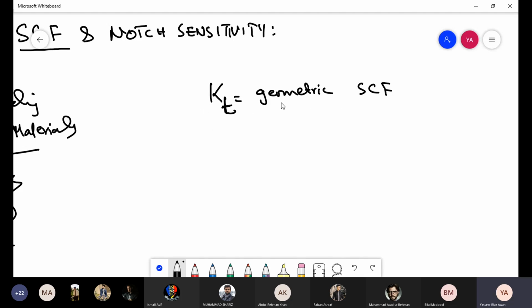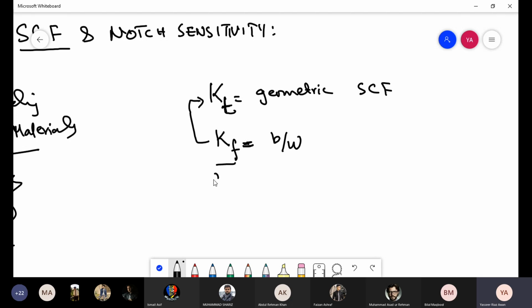KT, measured experimentally or using FEM, is used as it is for brittle material. For ductile materials, we take KT equal to 1 under static loading. Under fatigue loading, we have to consider the stress concentration factor, but it is not the same as KT.